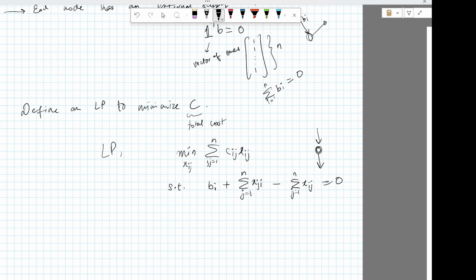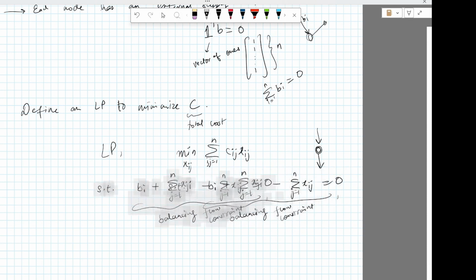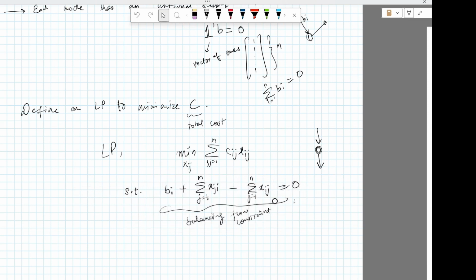Okay, this is the balancing flow constraint. This is for all i from 1 to n.